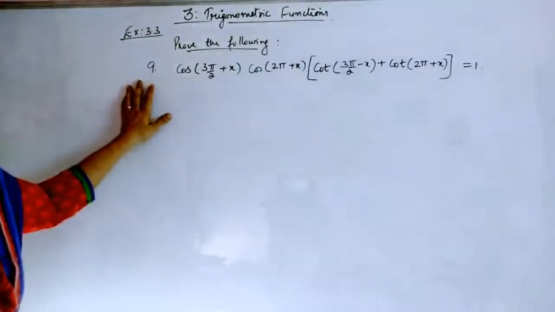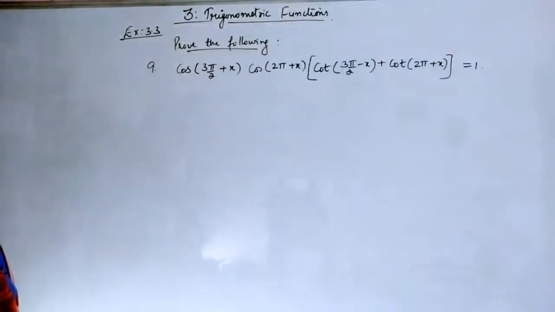Next is question number 9, which is cos of (3 pi by 2 plus x) into cos of (2 pi plus x) into cot of (3 pi by 2 minus x) plus cot of (2 pi plus x), and you have to prove it to be equal to 1.